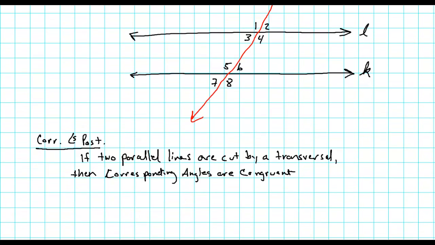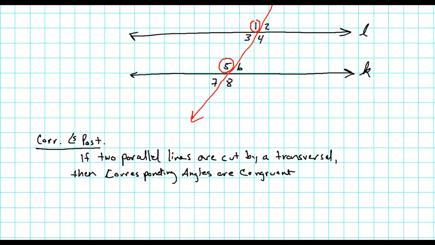So let's look back at what I'm trying to get you to do here. I don't know that these lines are parallel, right? But what if I knew that angle 1 and angle 5 were congruent? Would that mean that these lines are parallel?